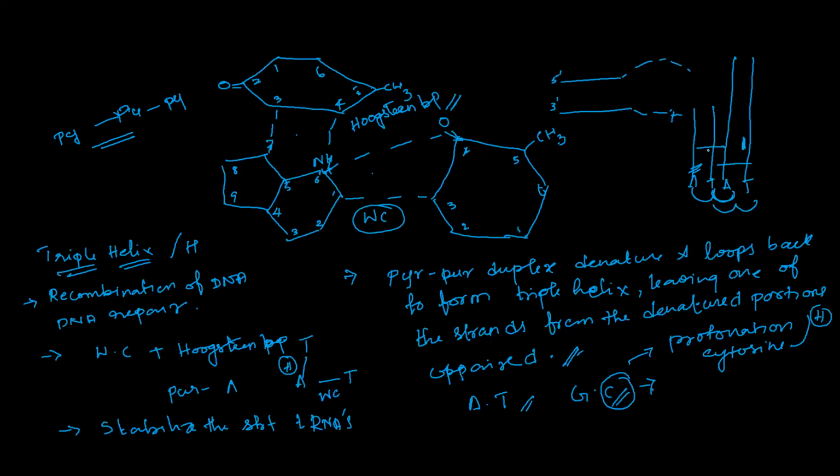It is going to take up these two strands, and this will be unpaired, and if it is going to take up these three strands, this will be unpaired. It is most commonly seen in adenine and thymine than in guanine and cytosine, because in the case of guanine and cytosine, the cytosine has to be protonated.